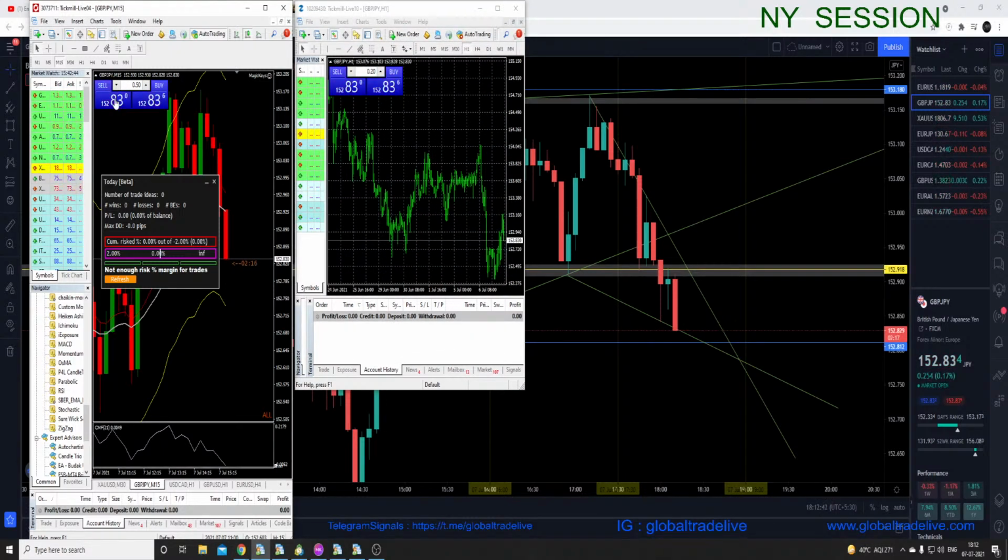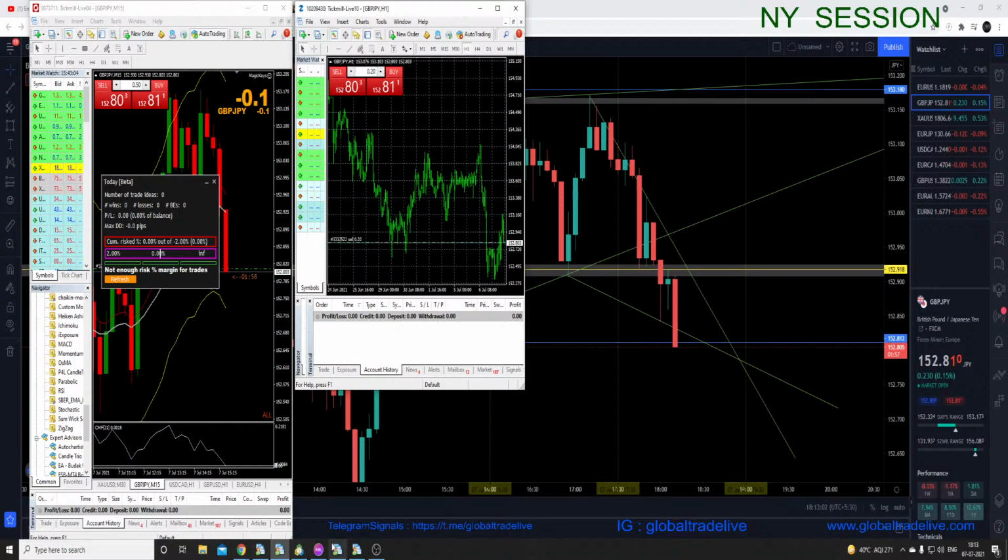I'll take a sell trade at 152.812 level, because if it wants to reject this area, it can reject this area right now. Okay, I think it will be coming down.